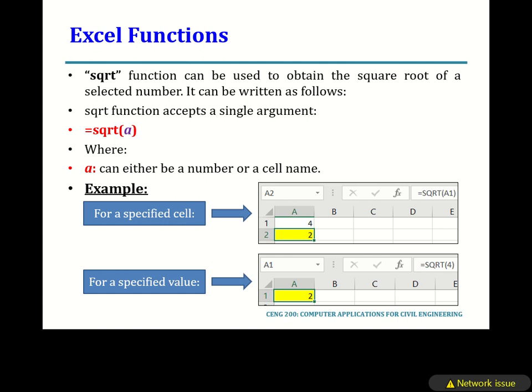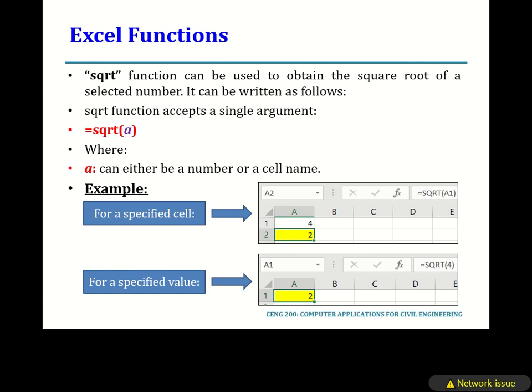Everybody knows what a square root is, right? Square root means taking power of half. So there are two ways to take a square root. Use this function. So type SQRT bracket, put the number, type the number or select the number.